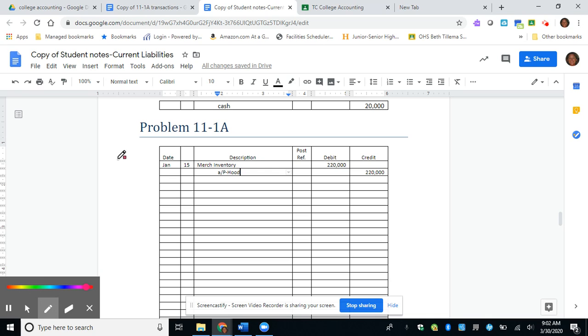Now, in addition to that, I'm going to try to keep track on the side of these T-charts and who I owe money to. So the first one is going to be to Hood, which I'm going to try to draw out. And I owe them $220,000.